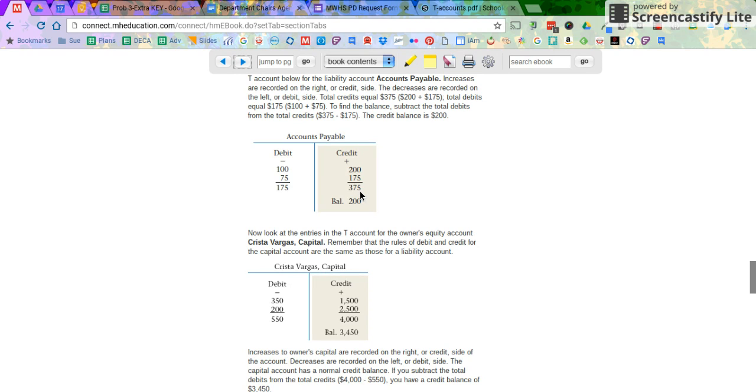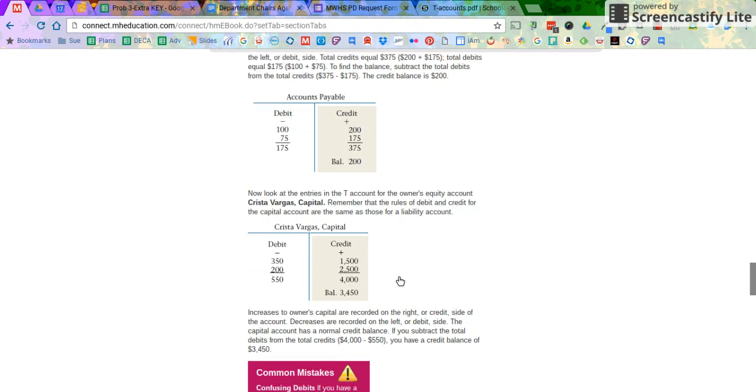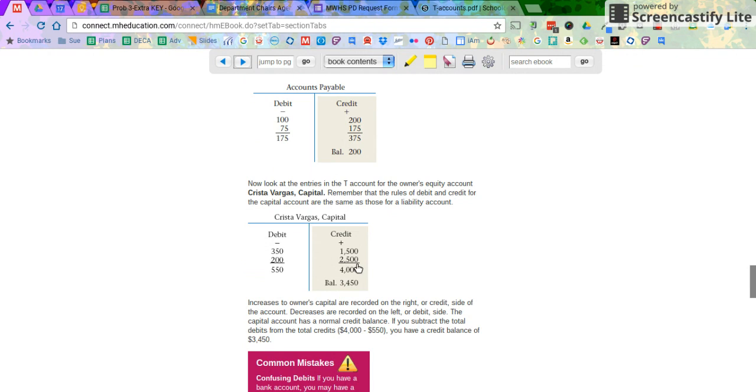So we're going to take the increases and subtract the decreases, and currently accounts payable has a credit balance of $200. Similarly, in capital, they had two transactions that had increases, two transactions that had decreases. We take the increases, we subtract the decreases, and currently capital has a credit balance of $34.50.